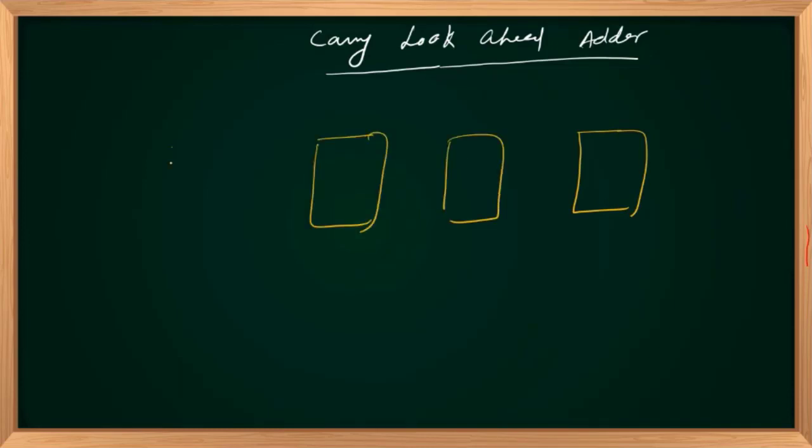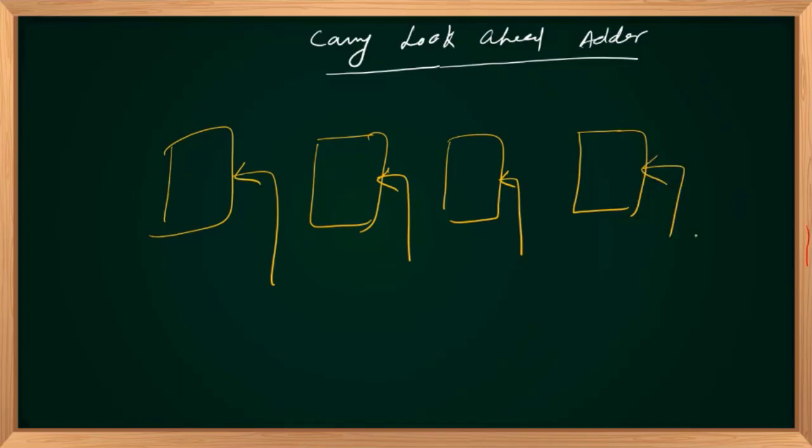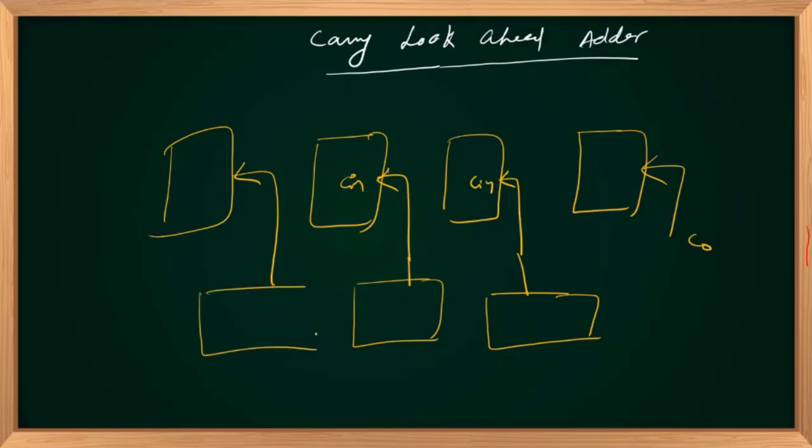Like this, 4 stages, and carry in, we will connect directly. This will be C0. We'll implement using a logic, and that carry will connect to the second full adder. So this is my C in, this is my C in. Another logic that produces a proper C in for the third stage. Another logic that will produce C in for the fourth stage. Of course, first stage C in is readily available.